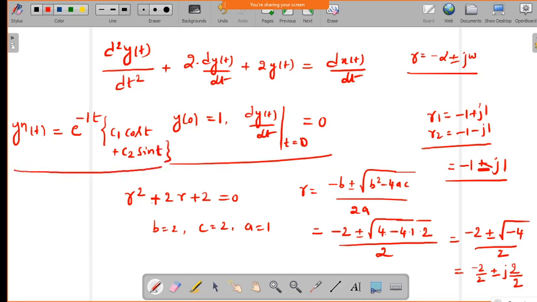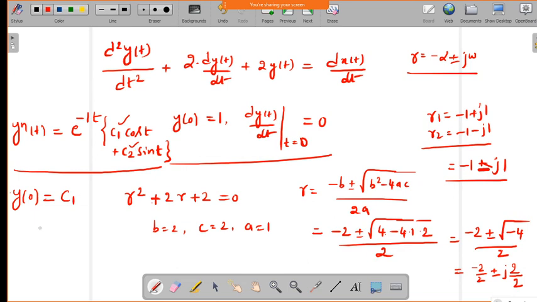So now we need to find out what c1 and c2 are using the initial conditions. Okay, so now find out what y of 0 is. y of 0 is equal to c1, since e power 0 is 1, so c1 into cos 0, which is 1, plus c2 into sin 0, which is 0.